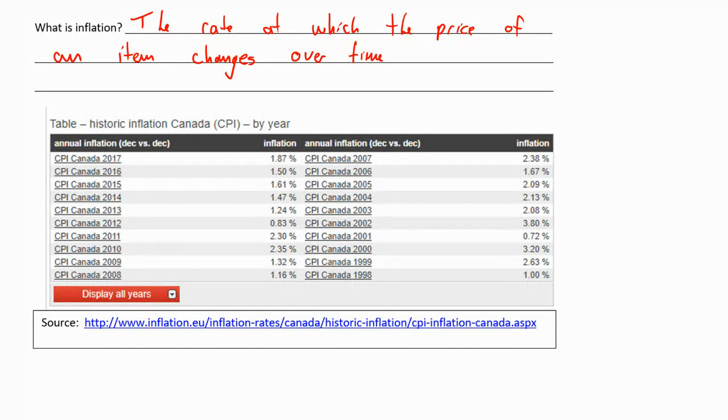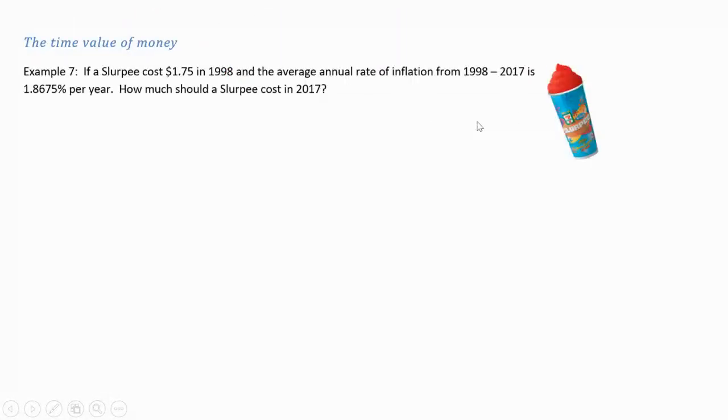This is the amount that everything changed year after year. I actually looked this up a few years ago. This is from a Government of Canada website, which talks about the inflation index. What I did was take the average of all these numbers and said that the average rate of inflation is 1.8675.